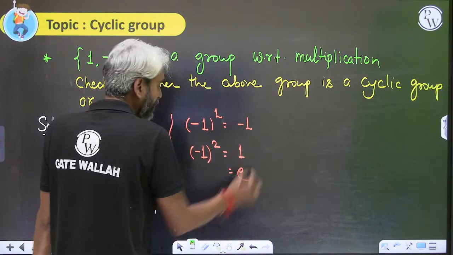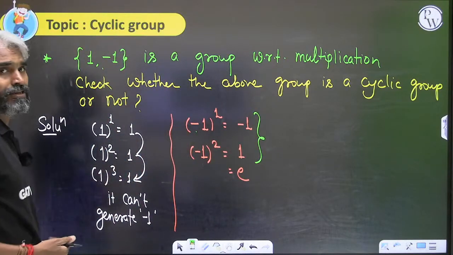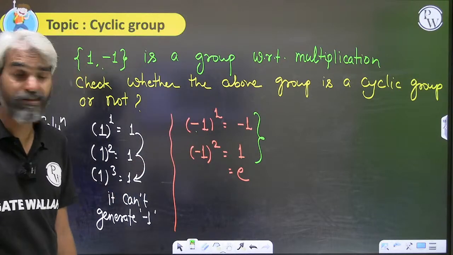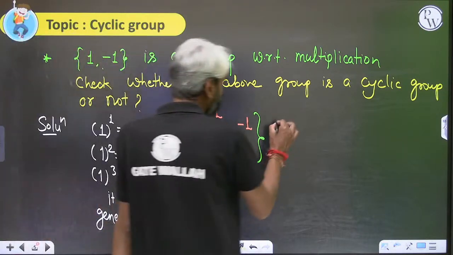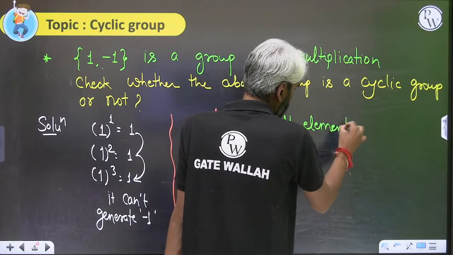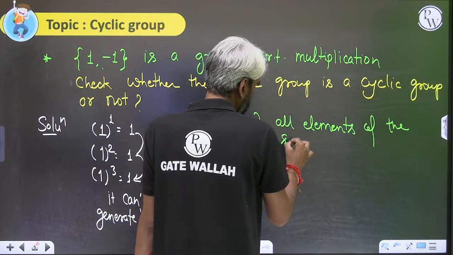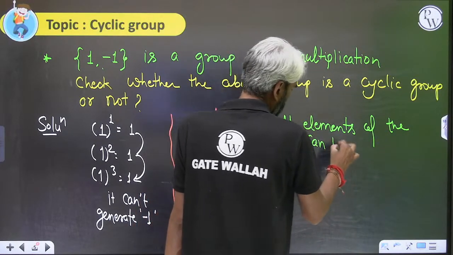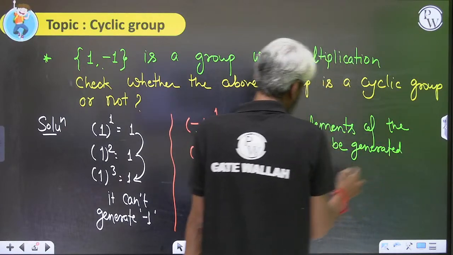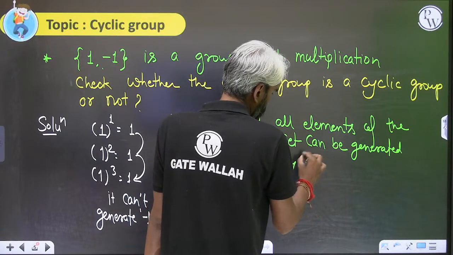So do you realize that both the elements of this set can be generated using this element minus 1 for some positive integer n, as the power of minus 1? So all the elements of the set can be generated by minus 1.